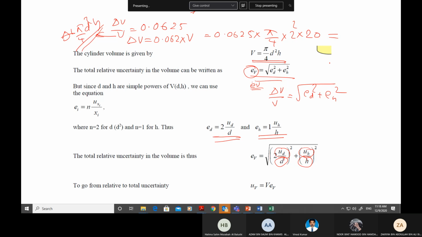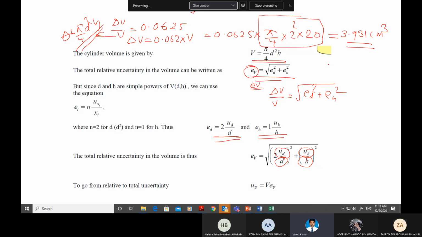3.931. Okay. Delta V. So in centimeter cubed, what is the volume? Can anyone calculate only this volume, pi over 4 d squared h?